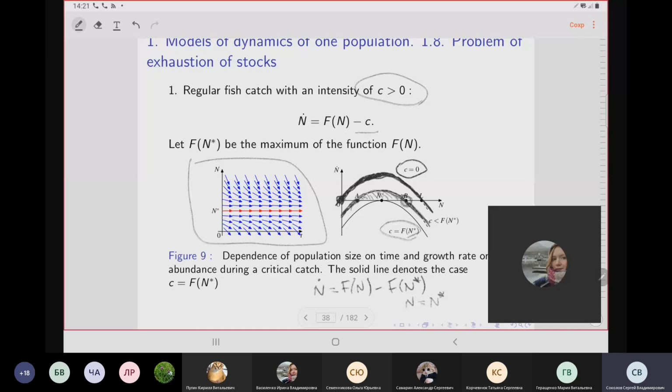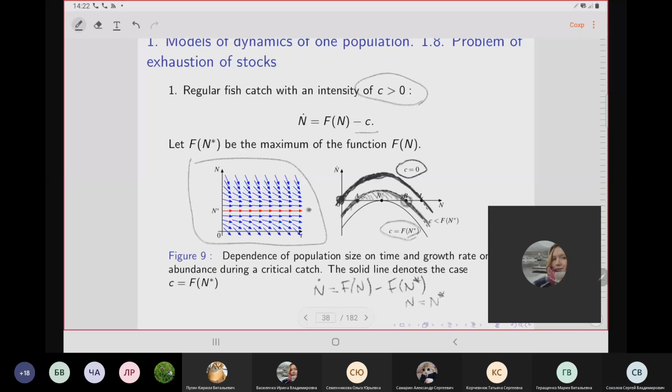It means that if the population is bigger, then it decreases to our steady state, and if it becomes at least a small value below n star, it becomes dying.